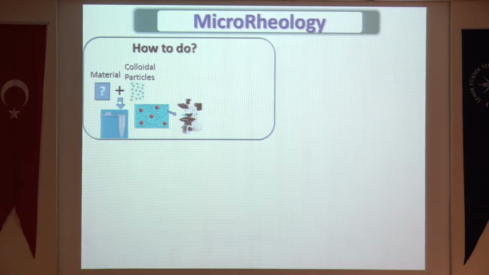You put colloidal particles in it, and you mix them, and you put the sample between two glass coverslips, and then you put that under the microscope, optical or fluorescence. You will need a fluorescence microscope if the colloidal particles are fluorescence labeled. And then next you sit and watch.